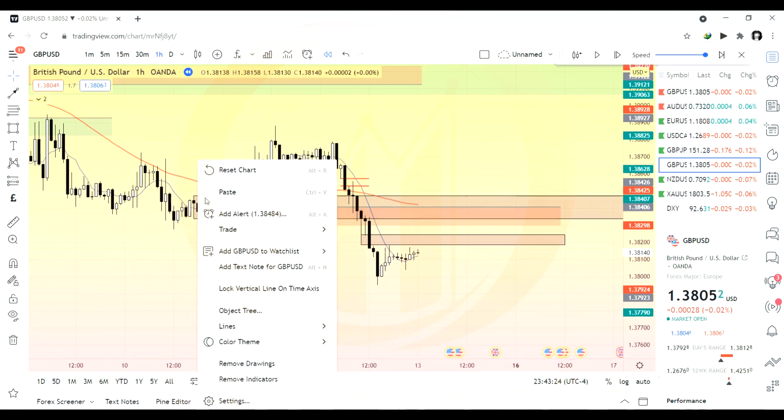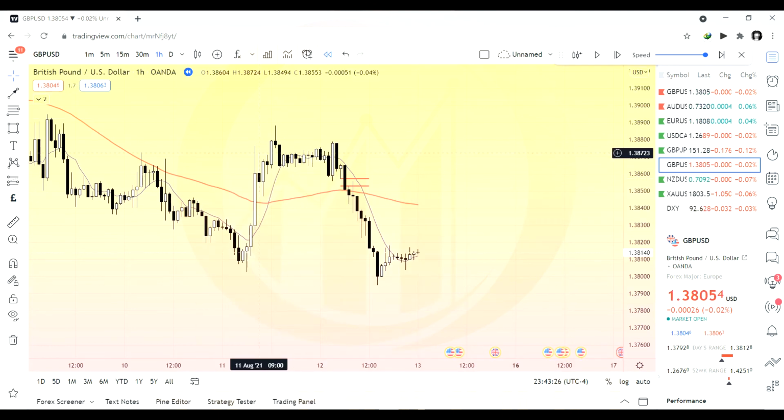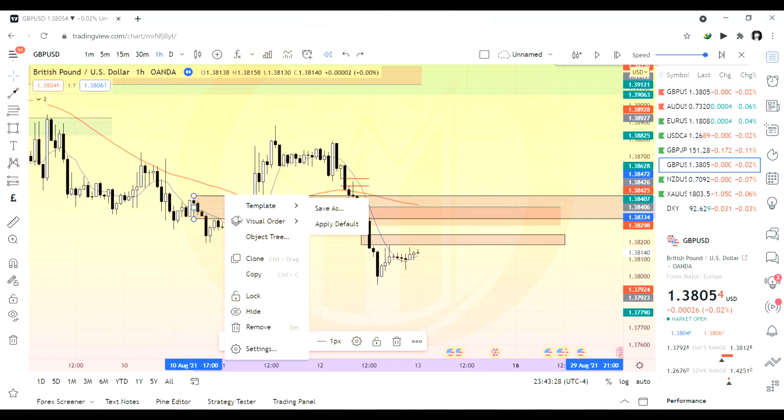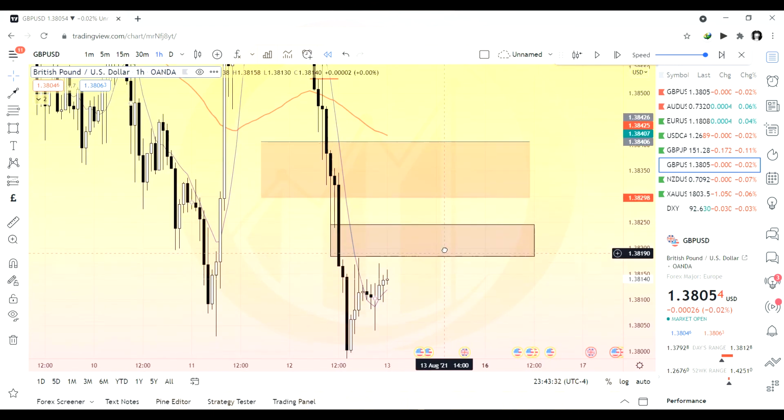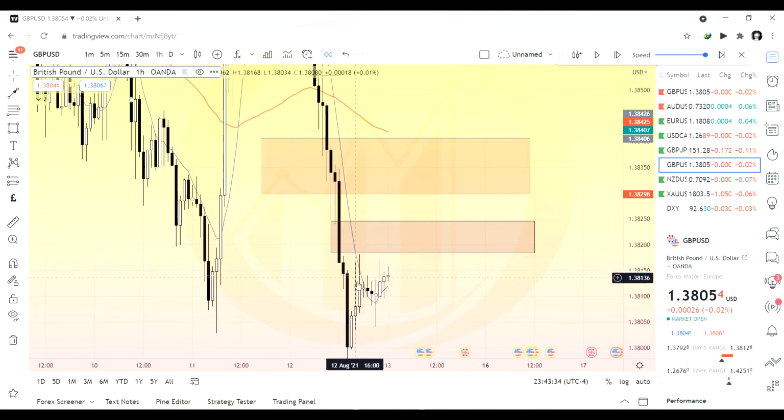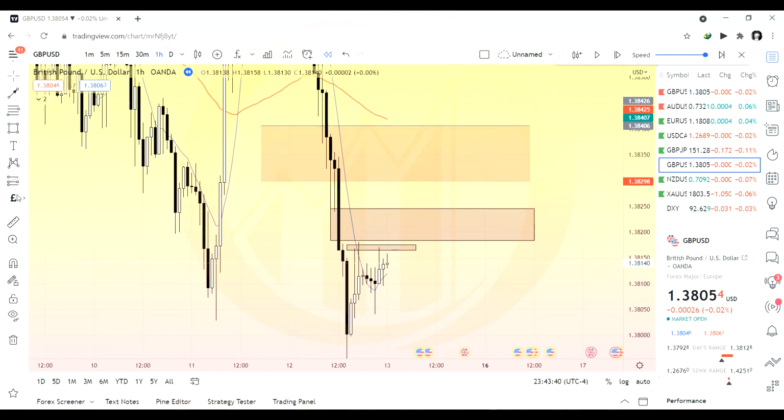Let's remove this box here. So you see, kind of consolidating down at this level, getting a little area right here.